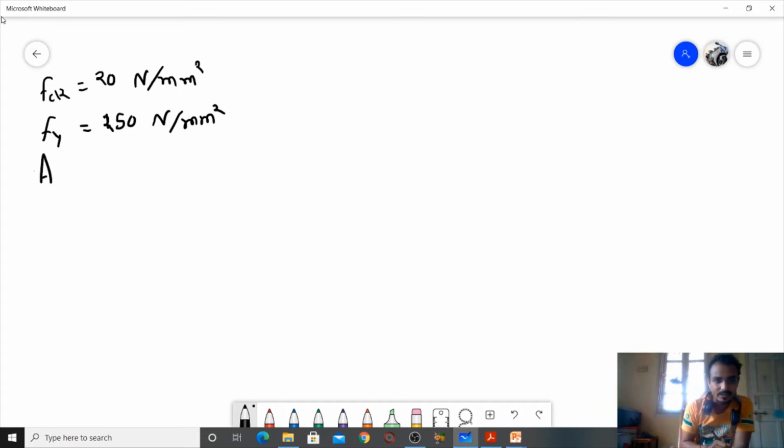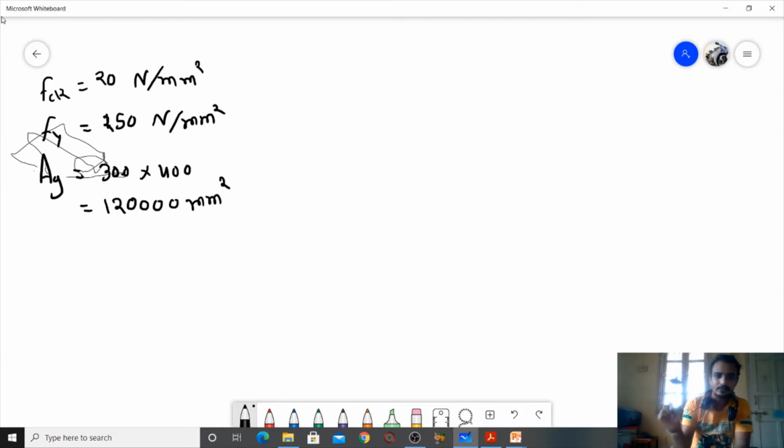Now we have Ag, the gross area of the column, which means the dimension of the column. Column dimension is 300 by 400, so the gross section area is 300 by 400.